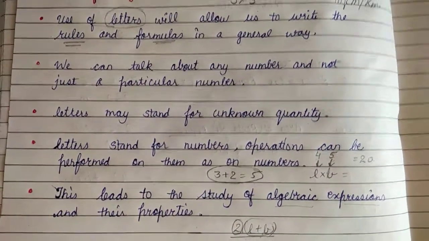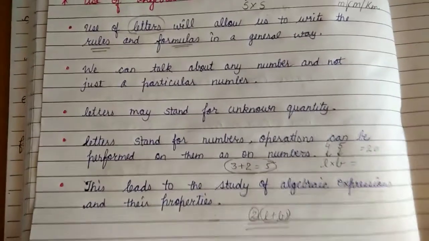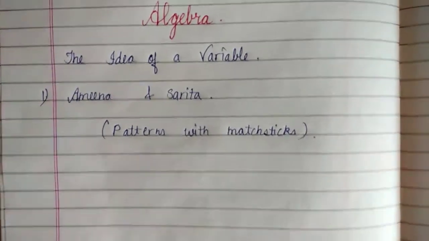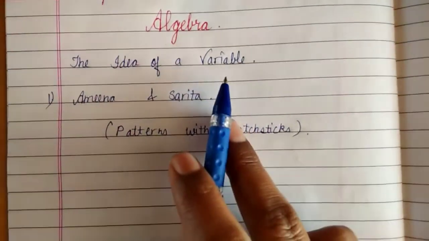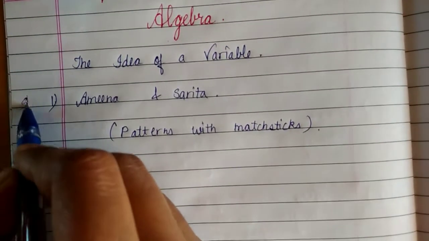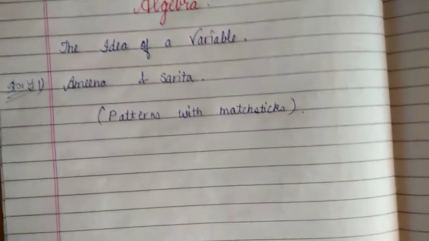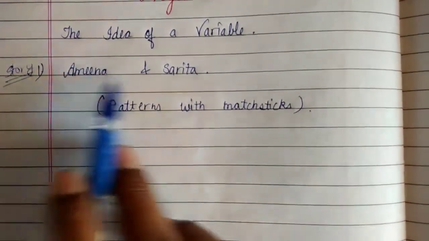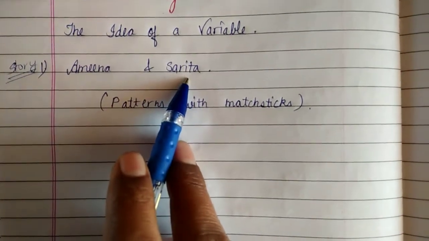Now we are going to the idea of the variable. For studying that, firstly we will see a story. With the help of a story we will see. We can see two girls, Amina and Sarita.